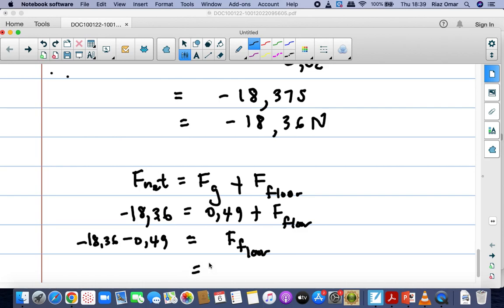If you work that out, minus 18,36 minus 0,49 will give you minus 18,85 newtons, and then that will be the force of the floor.